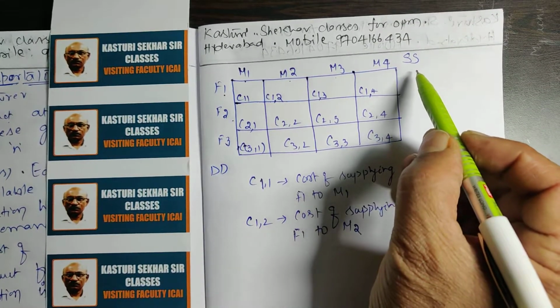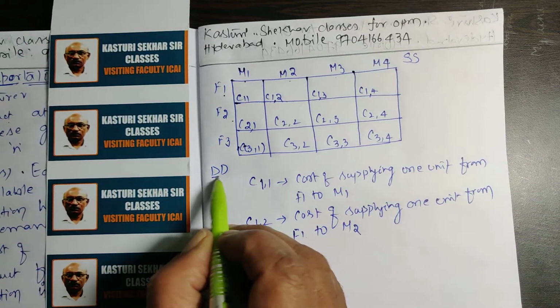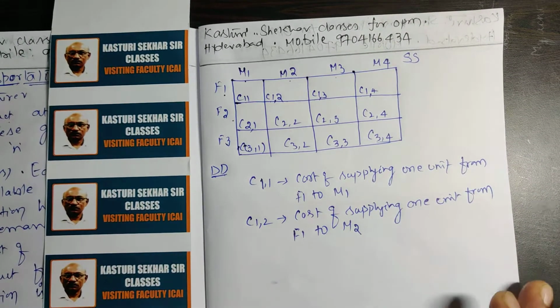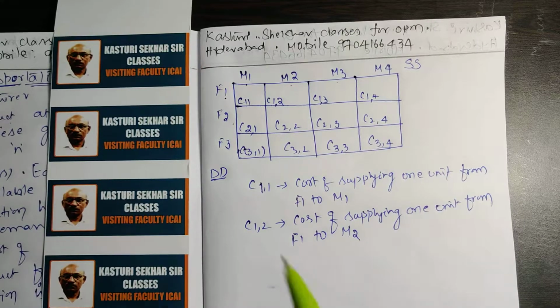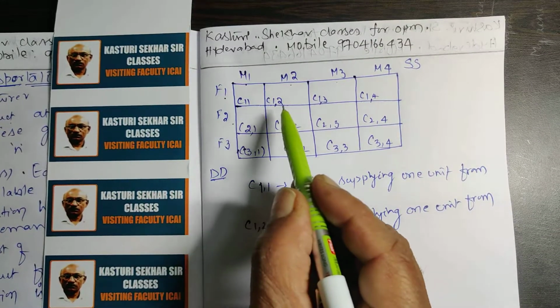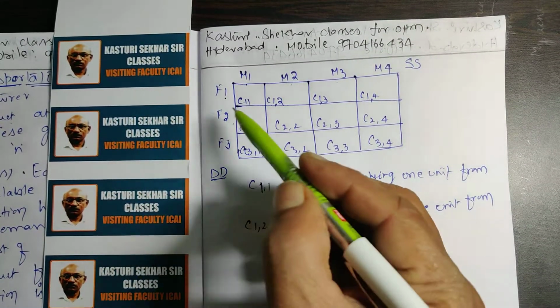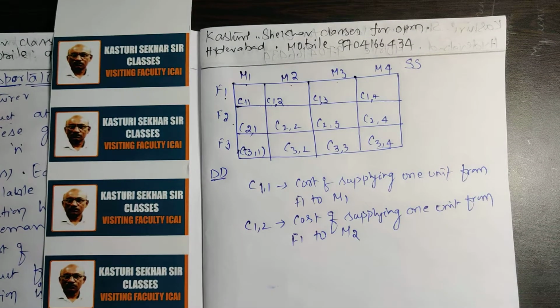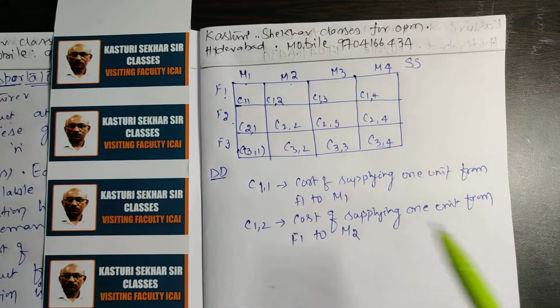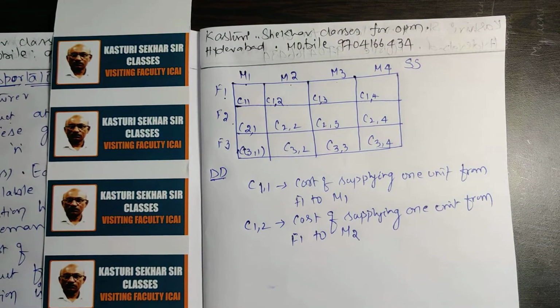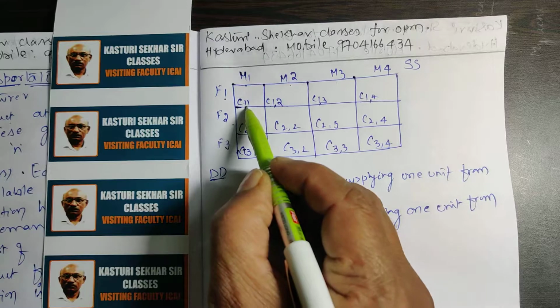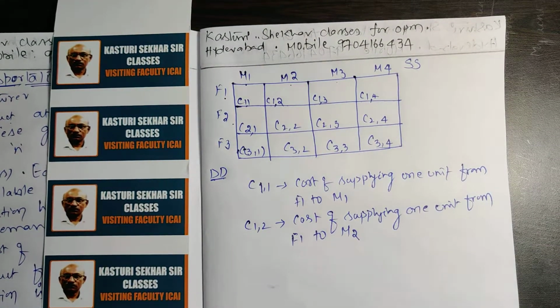Supply at each factory is known to us. Demand or requirement at each market is also known to us. In addition to this, what additional information is given here, sir? Per unit cost is given.